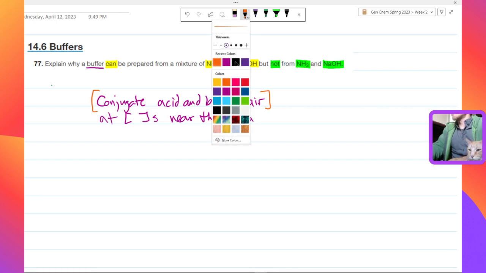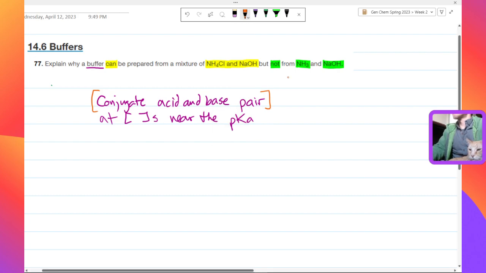So let's talk about what happens when we actually dissolve all this stuff. In both cases, the NaOH, the sodium hydroxide, when that goes into water, fully dissociates into a spectator sodium cation and our very basic hydroxide anion right here.